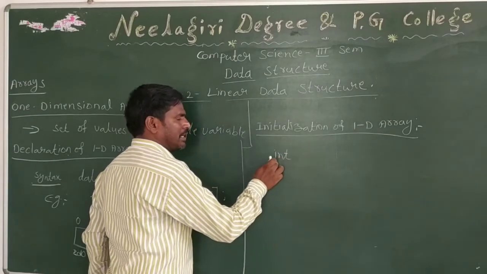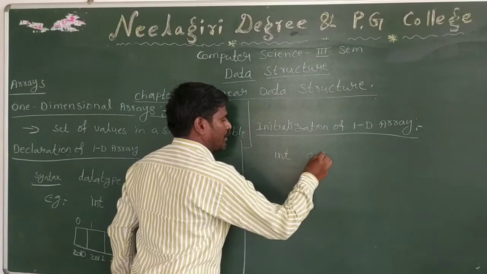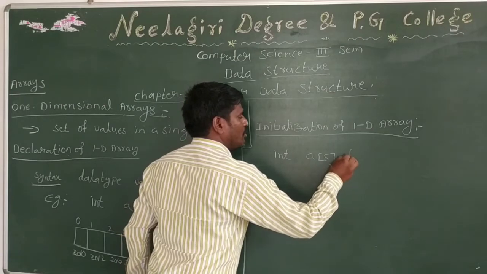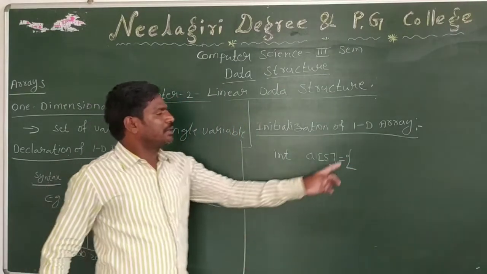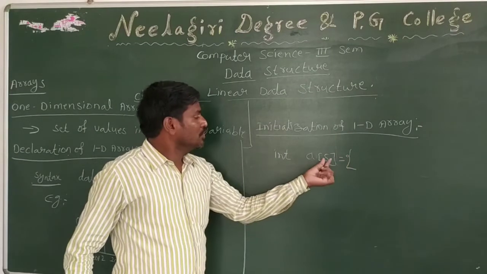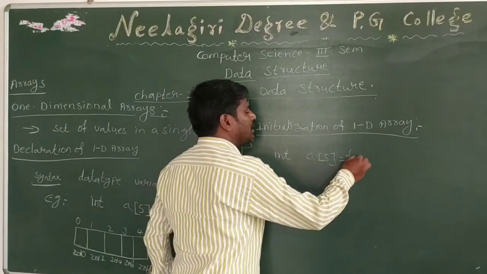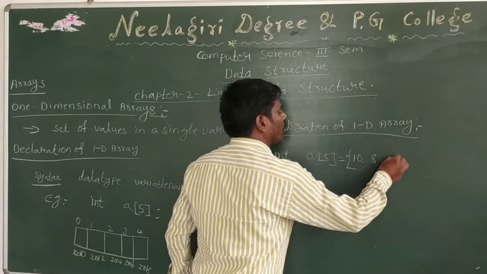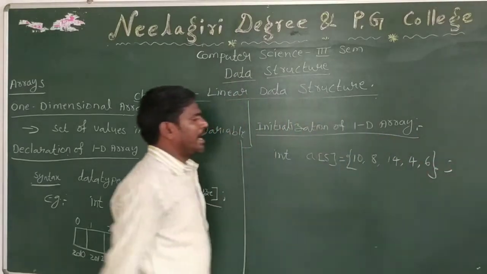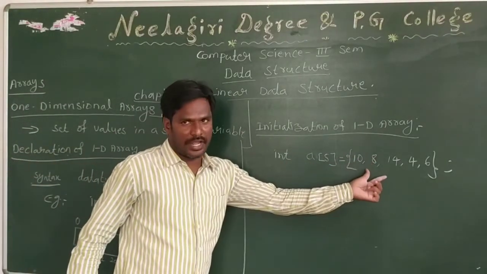Integer, that is, you have to take the data type, space, variable name, and give the size 5, is equal to, and then give the curly bracket, the set bracket. Whatever size is given, 5, it is mandatory to give any 5 values, and put a semicolon at the end. So this is the initialization of a one-dimensional array.